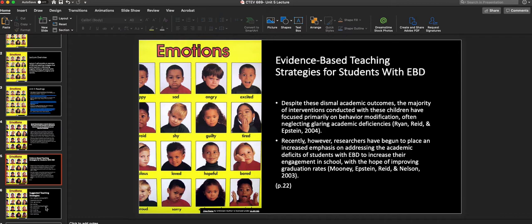When kids are diagnosed with emotional behavior disorder, the label itself sometimes carries a weight. That means that they have to be in a separate area. And when they are in regular classrooms, sometimes instead of focusing on the strategies, we focus on the actual student. I'm going to caution you against that because strategy does work if it's employed.